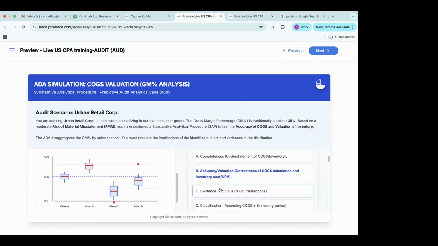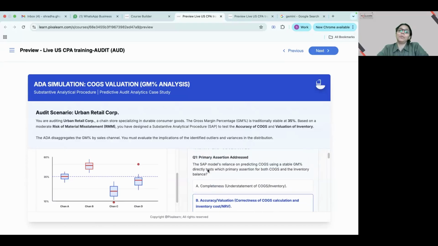So, Naman, do you agree? Ma'am, but looking at the graph, how can we? We are not looking at the graph. When we did this, the call of the question is what? Before you started this idea of taking sales, understanding that since it's retail there's a stable GP percentage, and then trying to figure out what is COGS and inventory, which assertion did you start with?